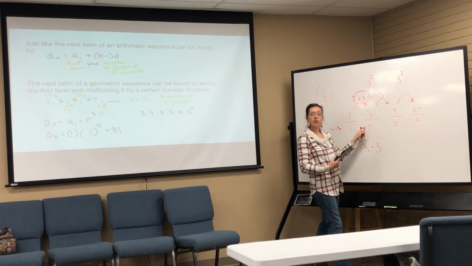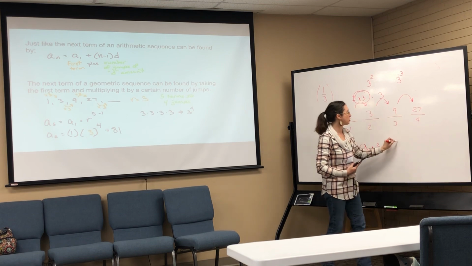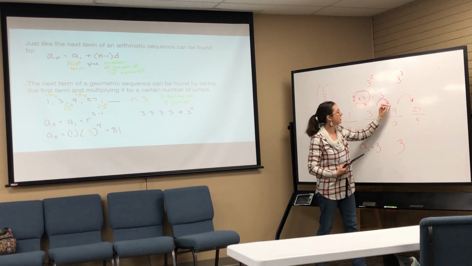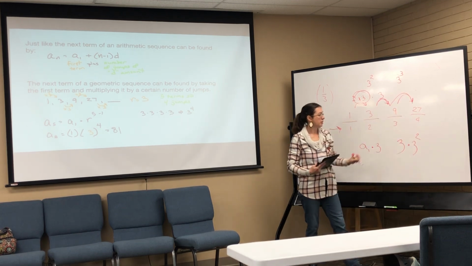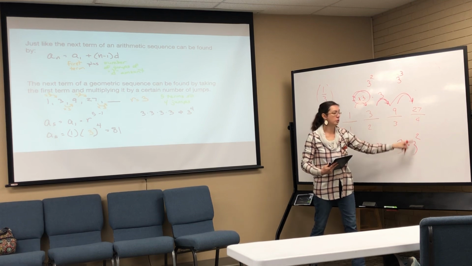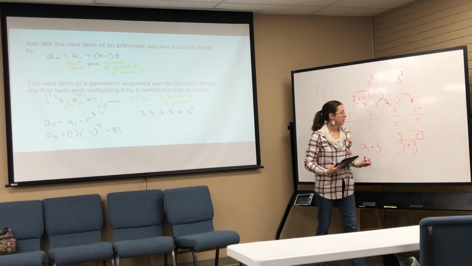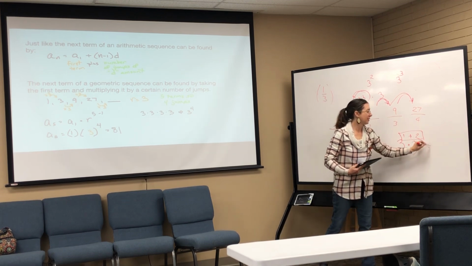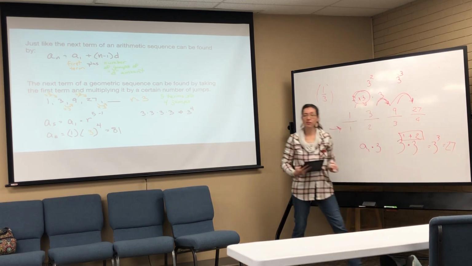If I started at 3 and wanted to get to 27, I've got 3 times 3, so that's times 3 squared. Does it get me 27? 3 times 3 squared? What does our property of exponents say? It's the same as 3 cubed, right? Which is still 27.